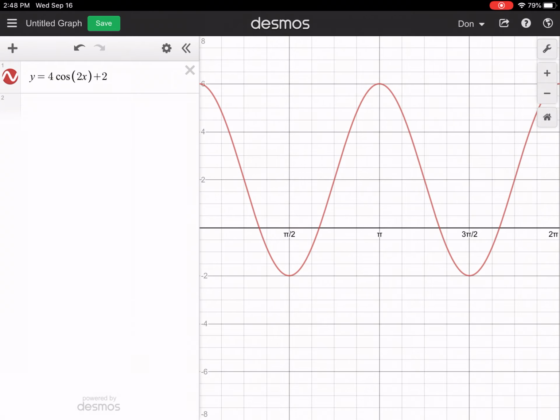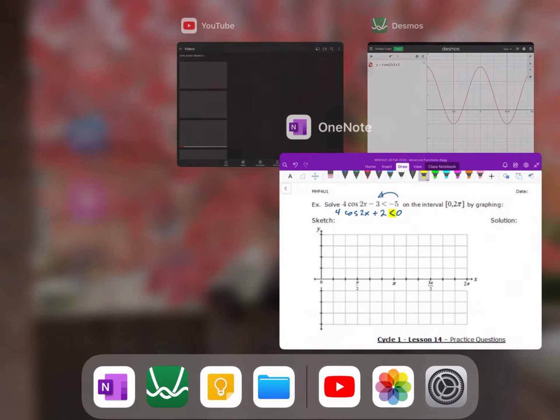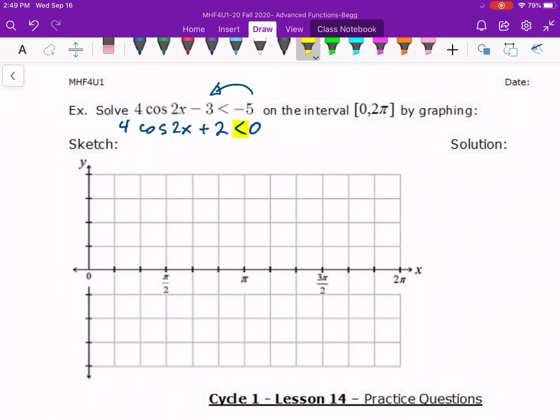So there's our graph. My scale is going from -8 to +8 on the y-axis, 0 to 2 pi again on the x-axis. And as far as that sketch goes, so 2, 4, 6, 8, and so on. It started at 0, 6. It went down to pi/2, -2. It went back up to 0, 6.